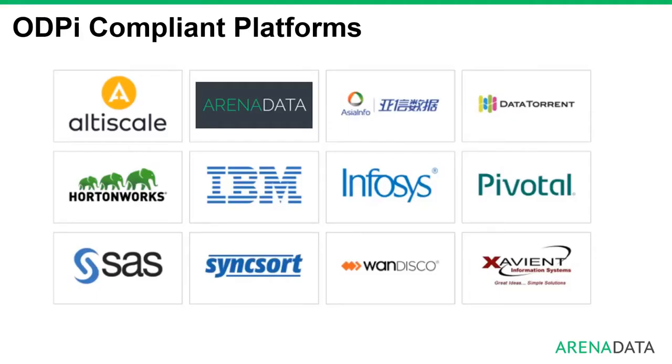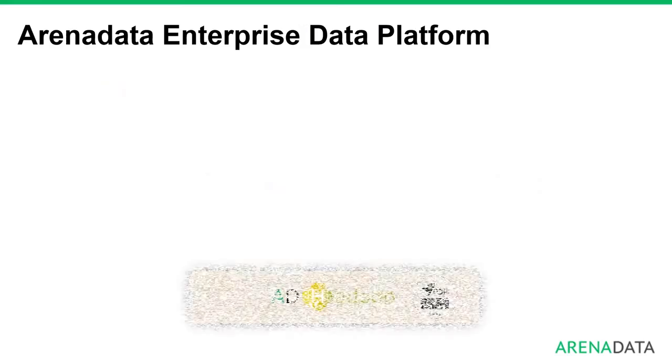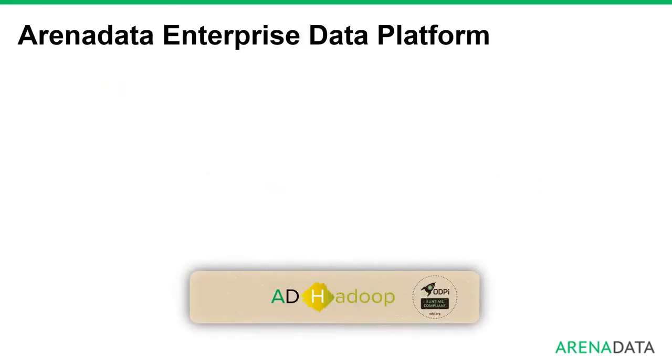Here is a screenshot from the ODPi side of the compliant platforms. The idea behind this initiative is to build a common runtime specification for Hadoop distributions, because today I will talk a little bit about Hadoop, as this is the first product which was released. As you can see here, we do the same thing as Hortonworks, IBM, Pivotal, and Altiscale.